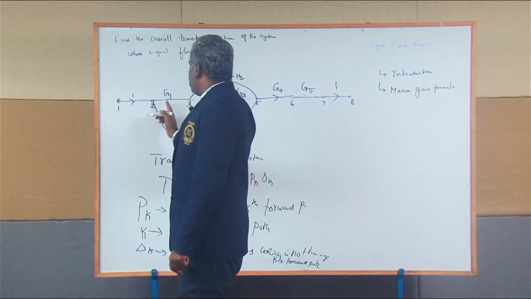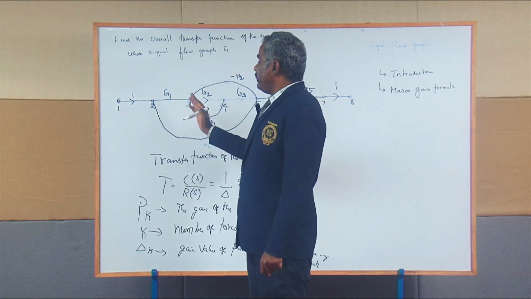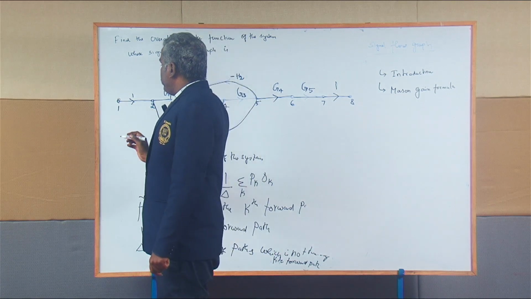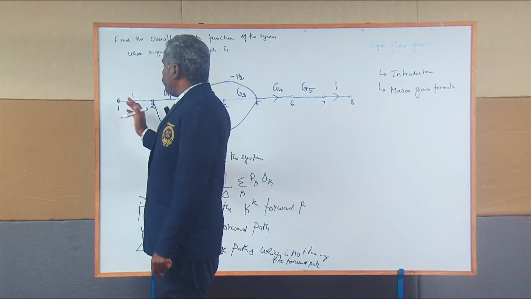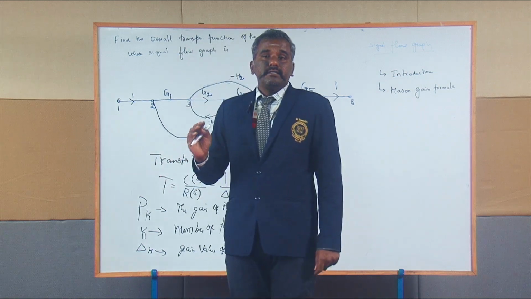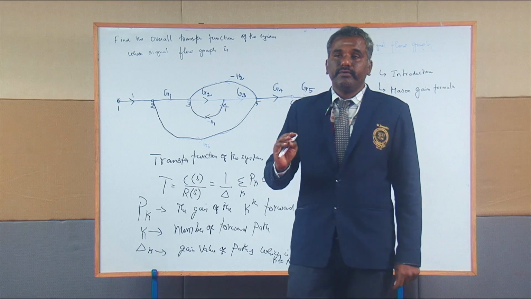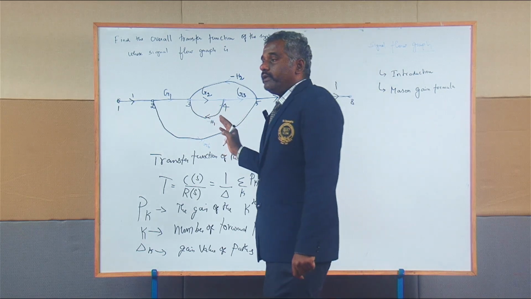Whatever gain has been given on the branches must be noted. And the third important thing is to assign the input as well as the output for the given diagram.